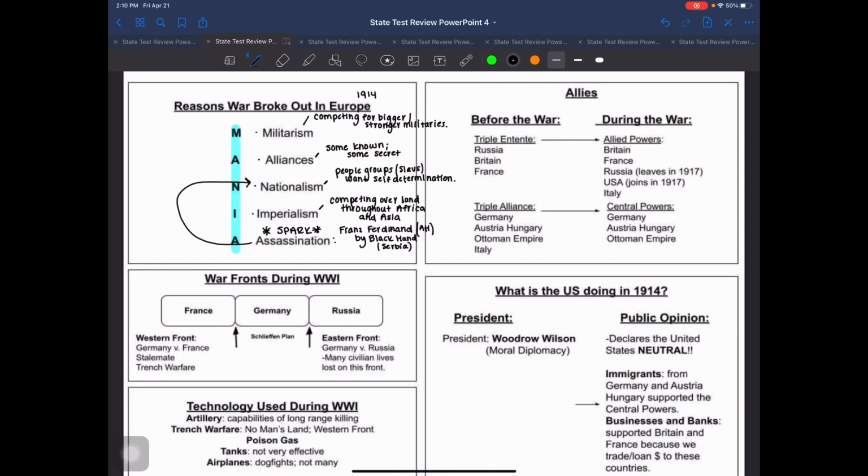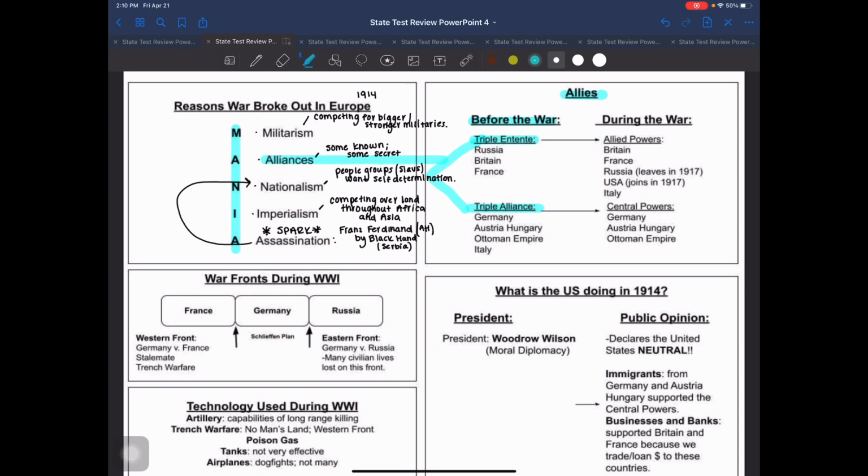All right? So over here with alliances, these alliances on the left were the alliances prior to World War I breaking out. So you can trace both of these back to this issue here.